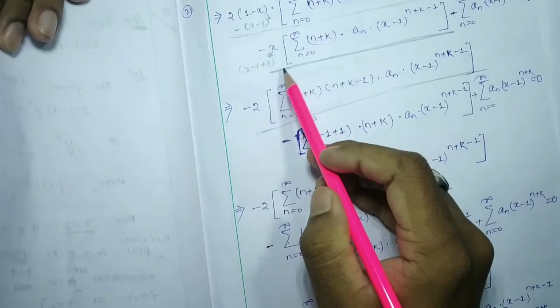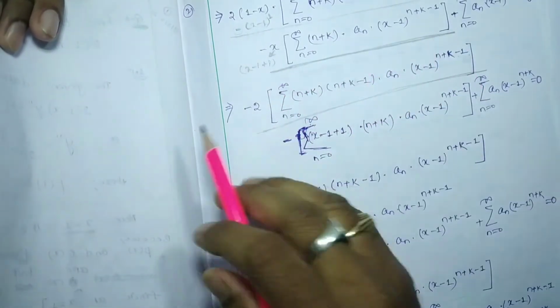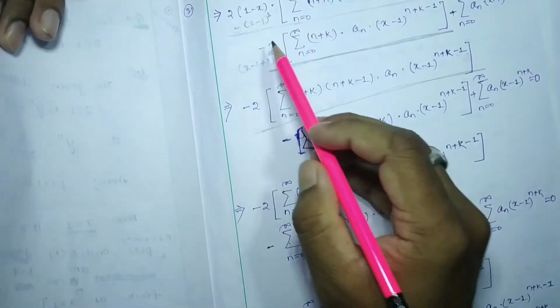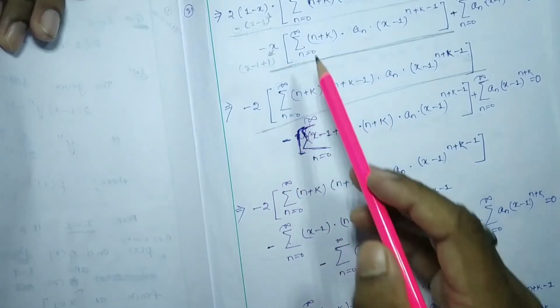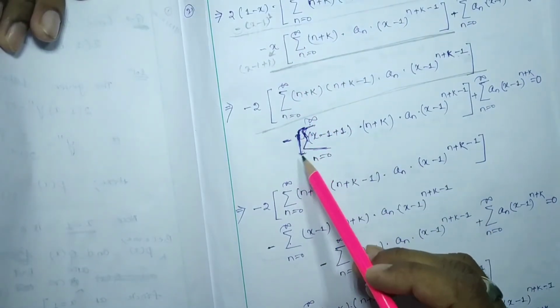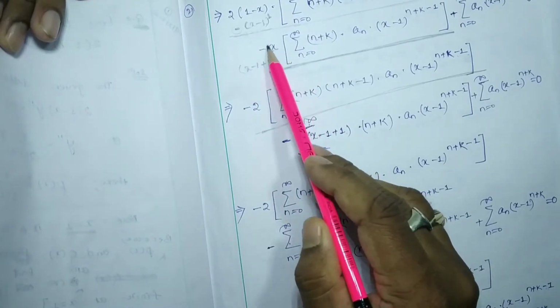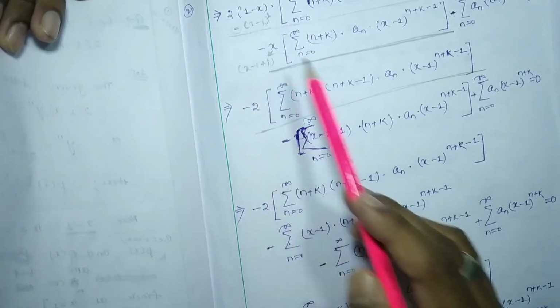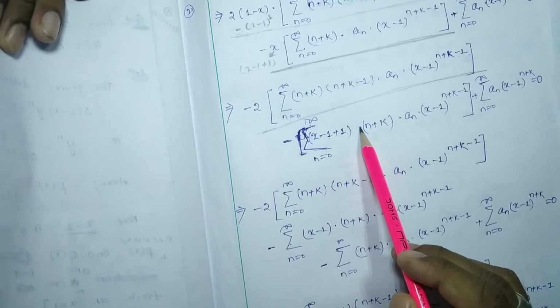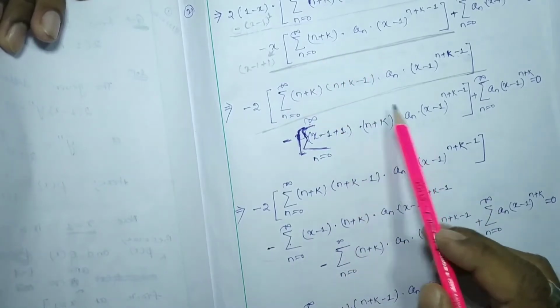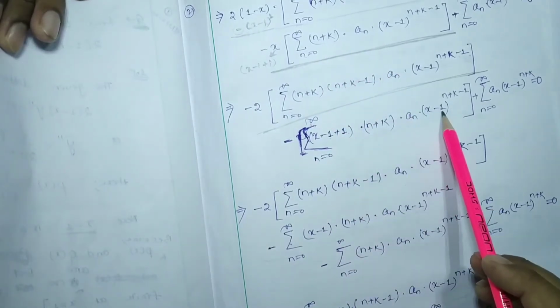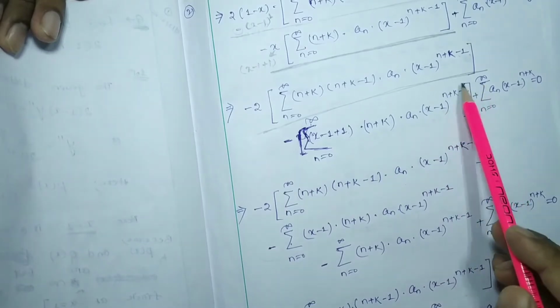So this second term can be written as minus summation over n equal to 0 to infinity, this x written as x minus 1 plus 1, into n plus k a n x minus 1 to the power n plus k minus 1, bracket closed.